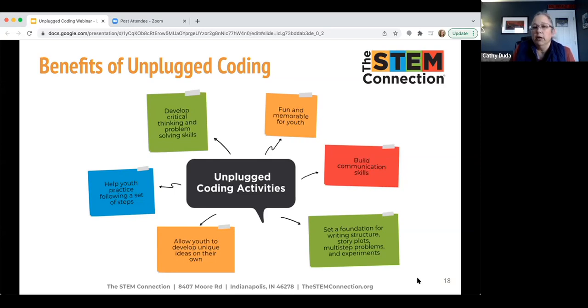So unplugged coding takes away some of that stress. And kids too can be intimidated by computers. They don't want to break it. Although nowadays they have so much exposure to technology. It's not like us when we were younger.